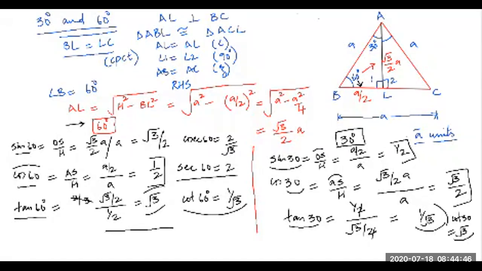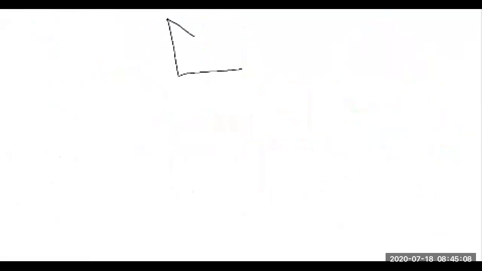So students, all these trigonometric ratios we have defined successfully. There are certain trigonometric ratios which cannot be defined. For example, how will you understand that, students? Now you see, we have understood that this is a right angle triangle.